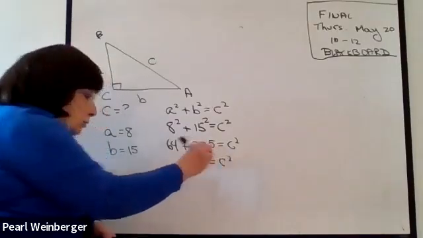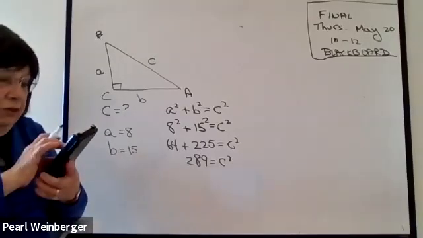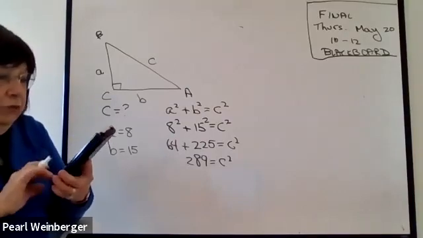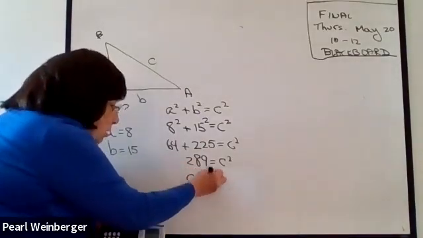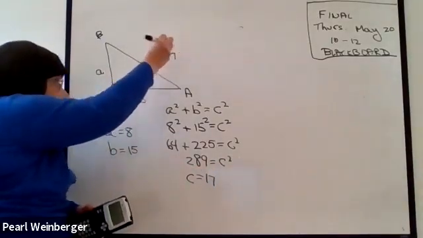That's not my answer though. That's what C squared is. I need to find the square root of 289. If you do the square root of 289, you will see that you get the answer 17. So the third side of this triangle is 17.